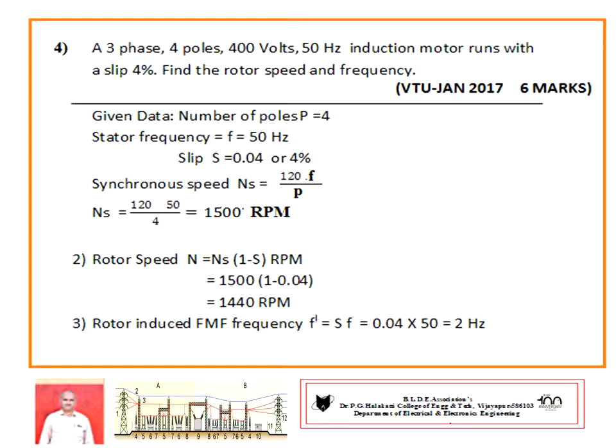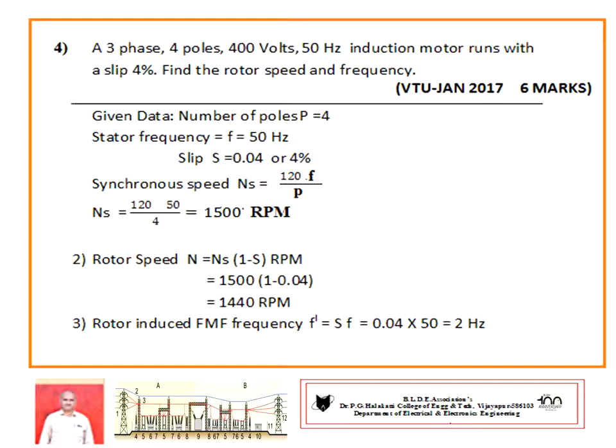Be careful. So number 1, make the calculation of synchronous speed. Ns equal to 120 f by P. F is 50 Hertz, number of poles is 4. Then we are getting 1500 rpm. Number 2, after that go for rotor speed.